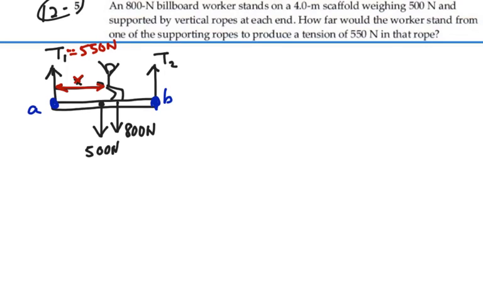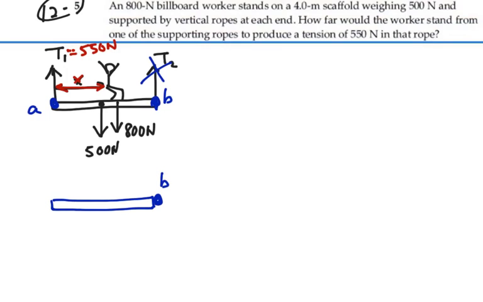So I'm going to choose point B for my axis because I don't know what T2 is. If I choose B, I eliminate T2 from consideration in terms of torques because it has a moment arm of 0.